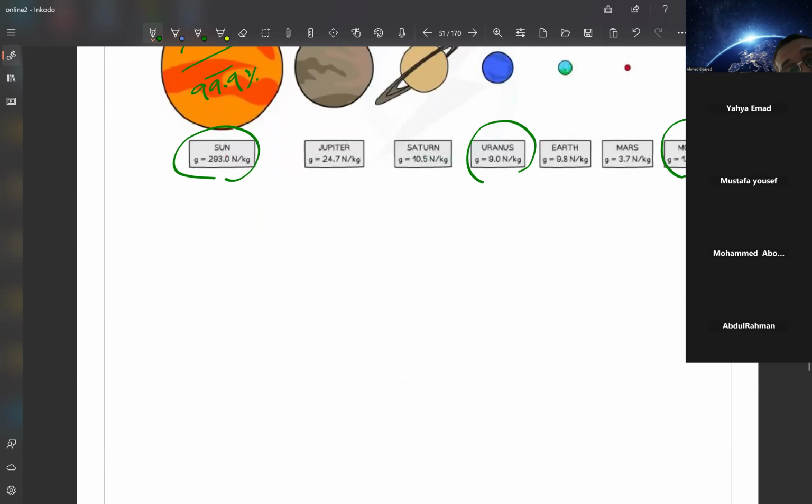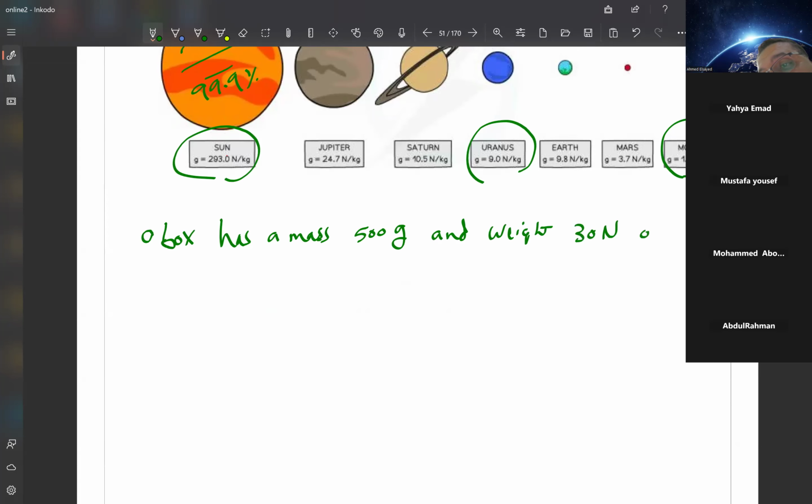Now I have a question. A box has a mass of 500 gram and weight 30 Newton on a planet.